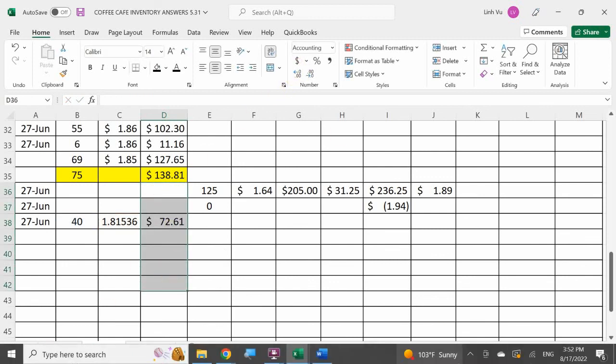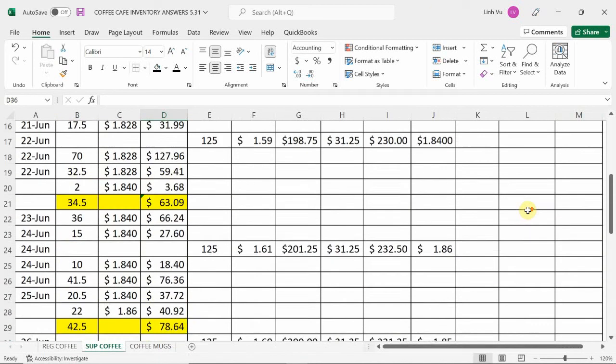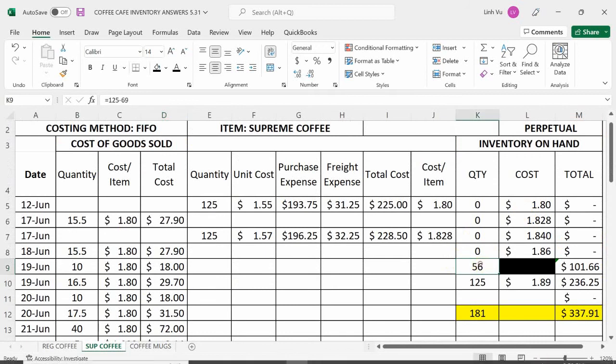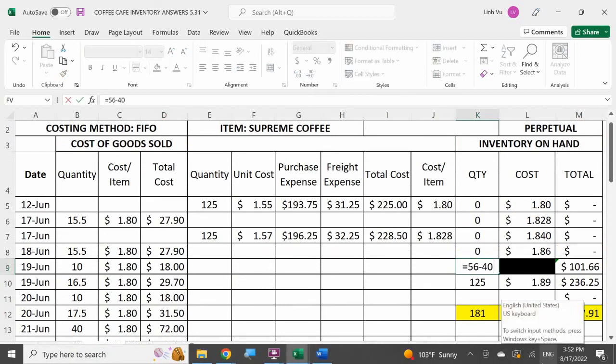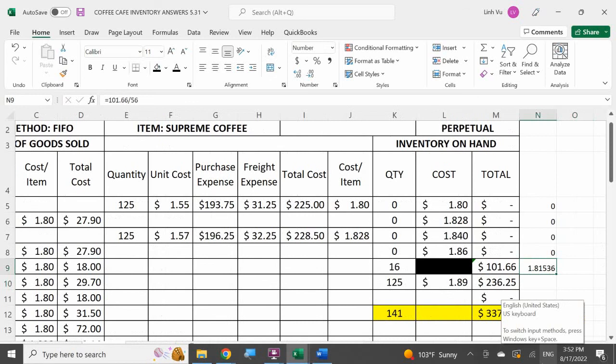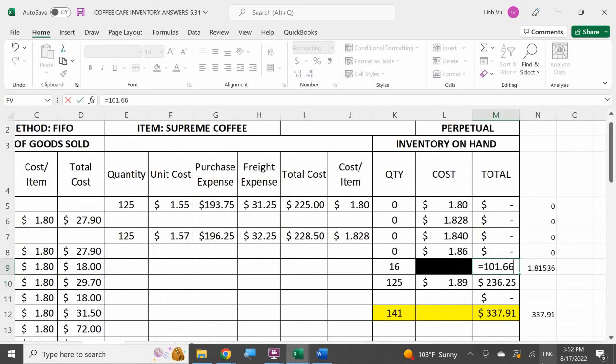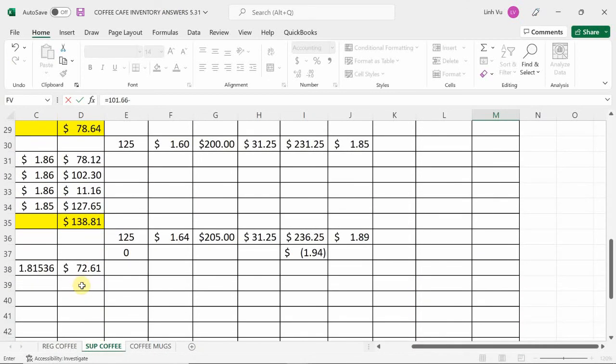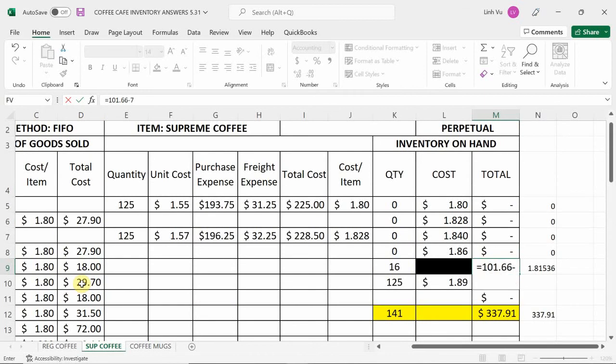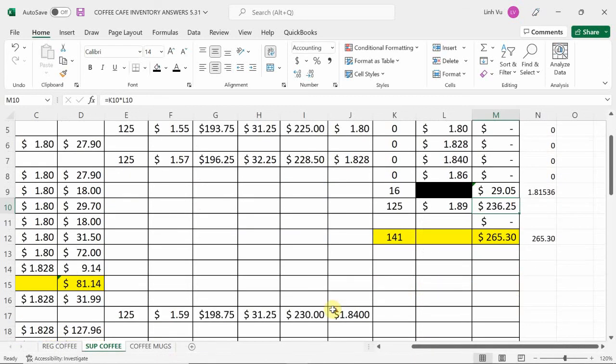So 40 at 72.61. So 56, that leaves us 16 pounds. In this one I have to adjust as well. So 101.66, and that leaves us with 29.05, which will bring you back down to a total of $265.30.